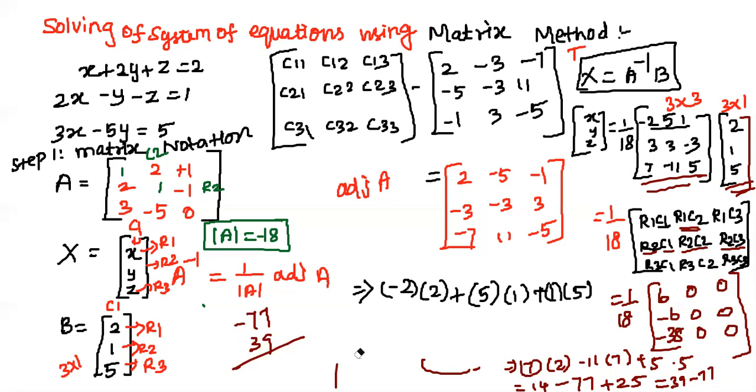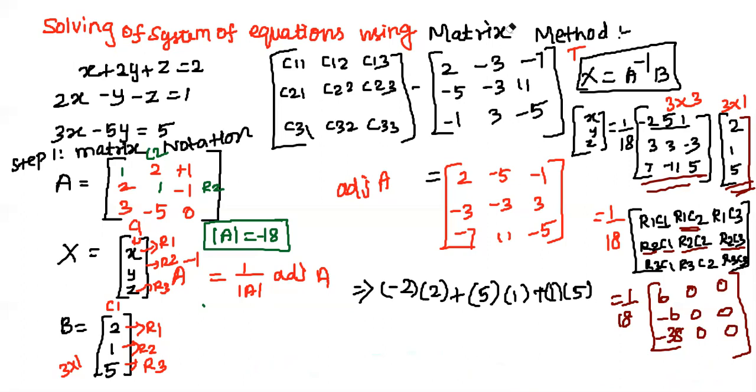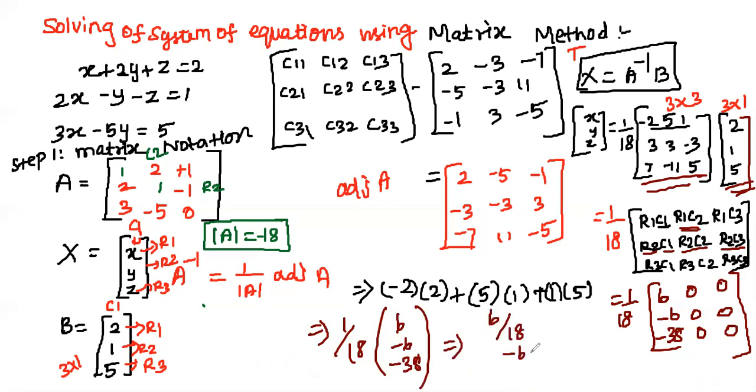So ma'am, this is the answer. So you'll be writing the answer like 1 by 18, 6, minus 6, minus 38. You just ignore the zeros. So it will be 6 upon 18, minus 6 upon 18, minus 38 upon 18. So this will be x, the second term will be y, the third term will be z.